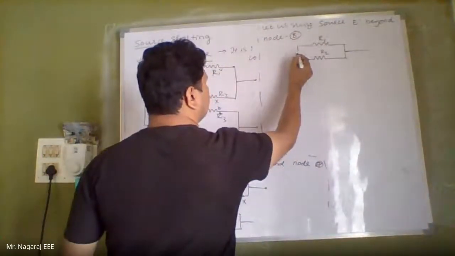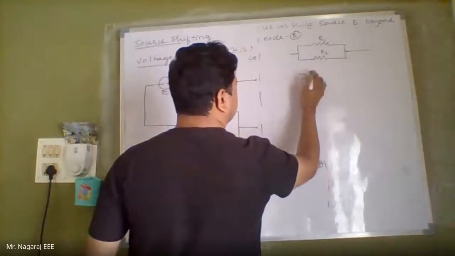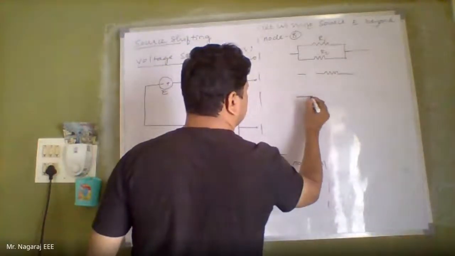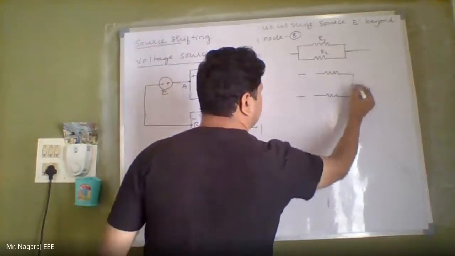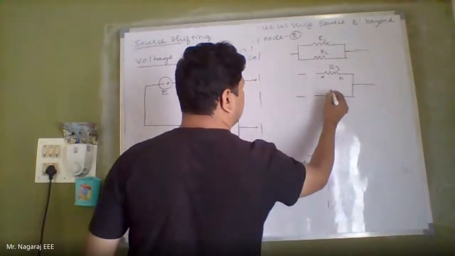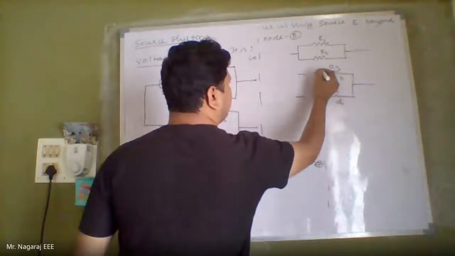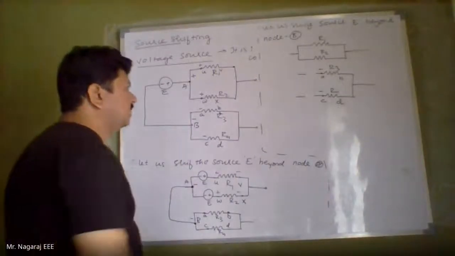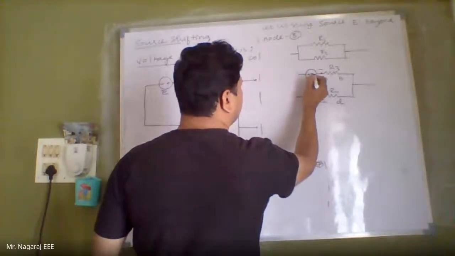Now I don't need that. Now R3, this is A and B. R4, this is C and D. Now A should be at negative potential, C should be at negative potential. Okay, so therefore my source will be with this polarity.